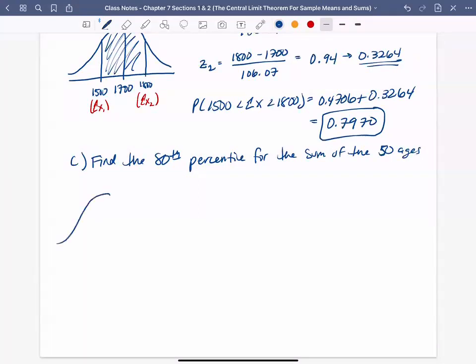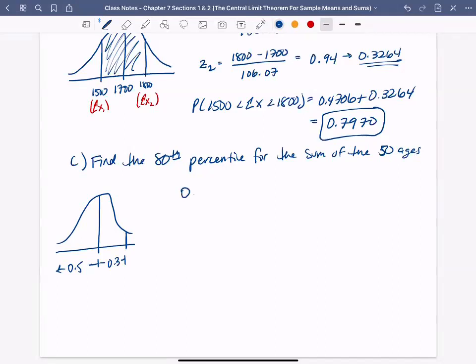Well, let's kind of draw a little chart here. Our graph, our bell curve. If we're looking for the 80th percentile, we're out here. And this here is 0.50. So that means we're trying to look for in here, which would be 0.30.